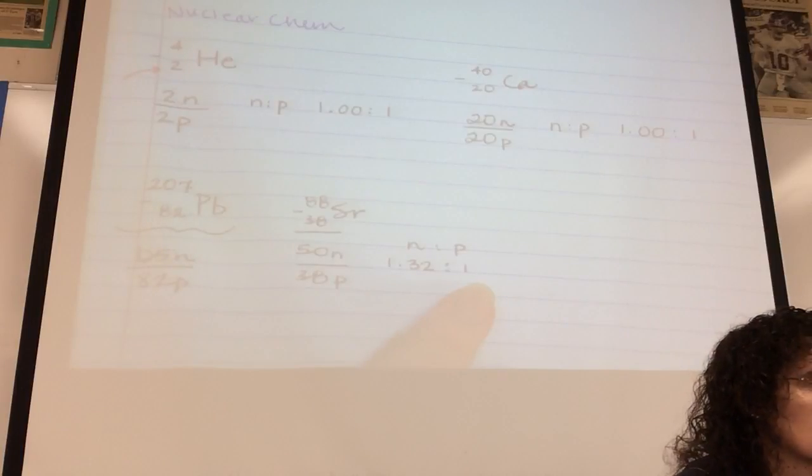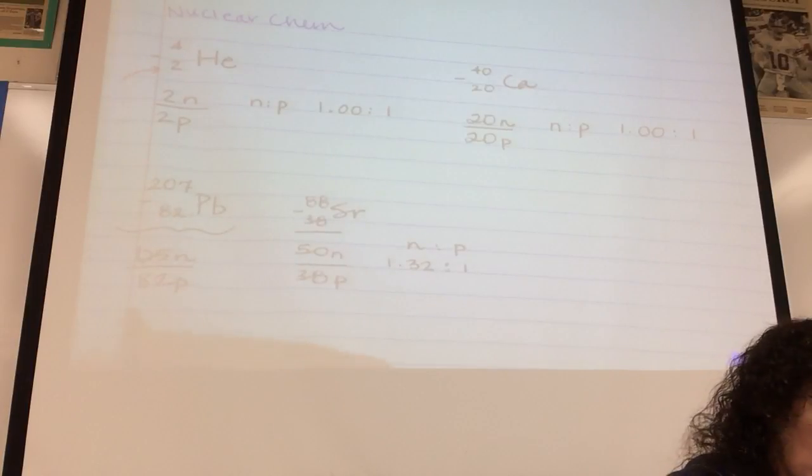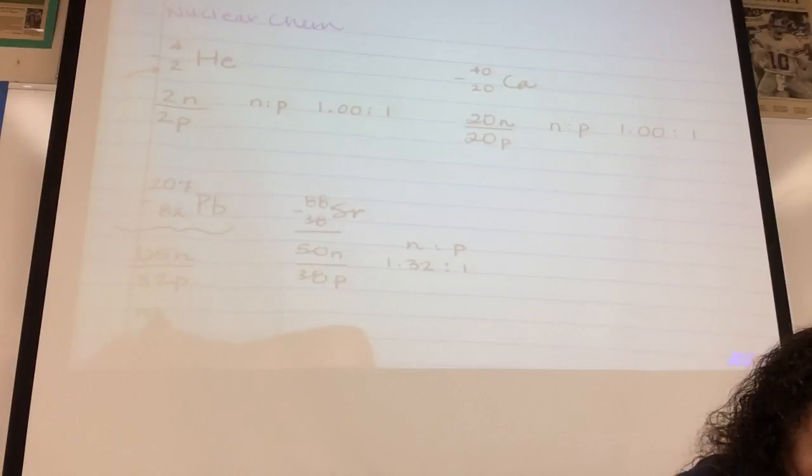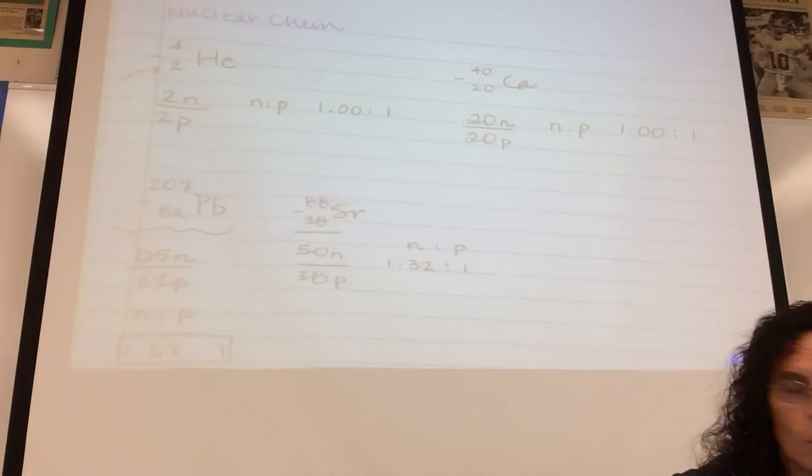Would you ever have two elements where you'd have to find the ratio between both of them? Yeah, and we're going to take a look at that. So here you've got a neutron to proton ratio of 1.52 to 1. So all of a sudden, you're getting outside that 1.5 to 1 region, and that's what we want to look at.